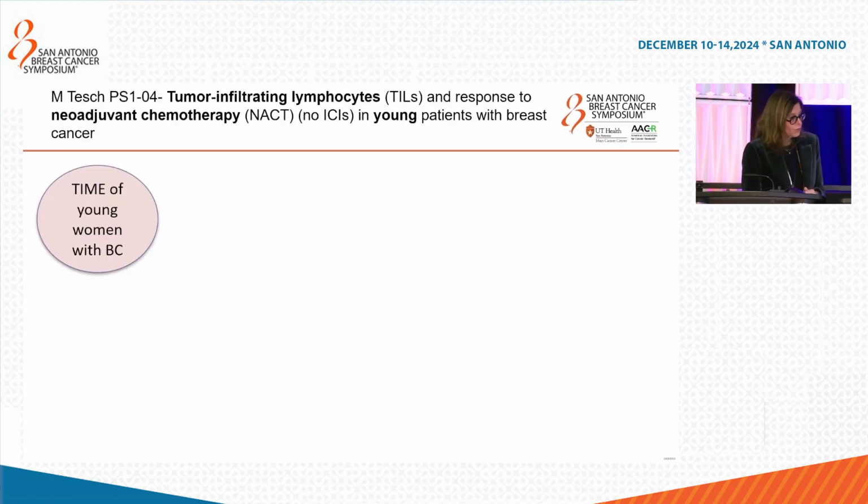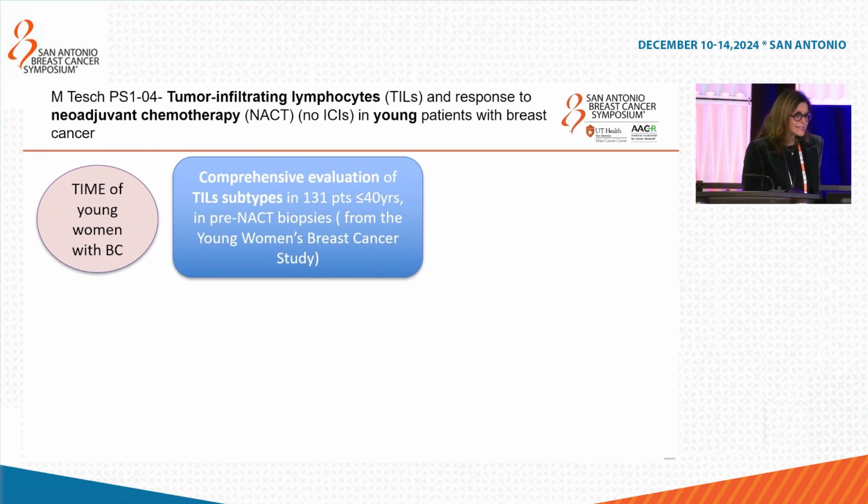Now we move to poster number 4 from Dr. Tesch and colleagues looking at TILs and response to neoadjuvant chemotherapy in young patients with breast cancer. So they did an extensive evaluation of TIL subtypes in 131 patients in pre-neoadjuvant chemotherapy biopsy, so no immune checkpoint inhibitors here.